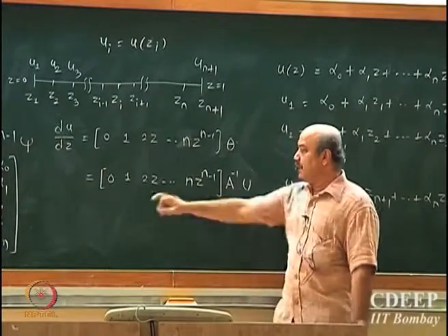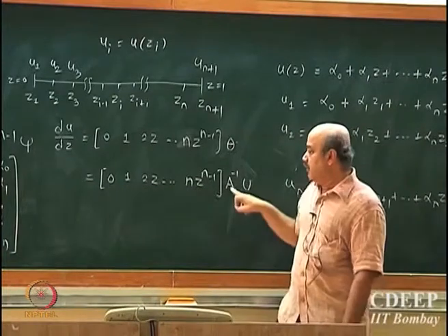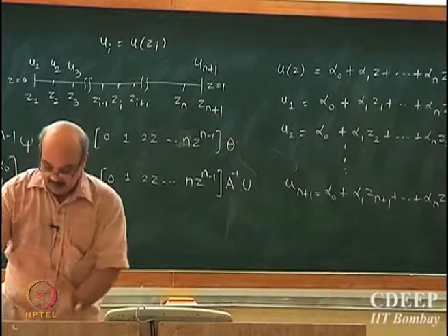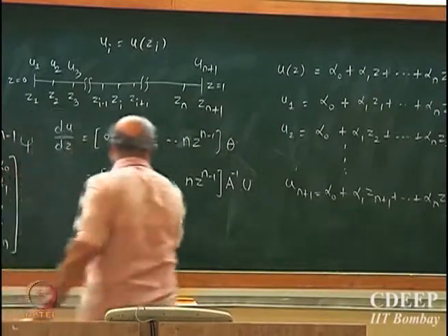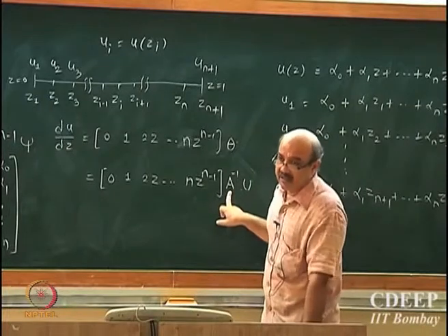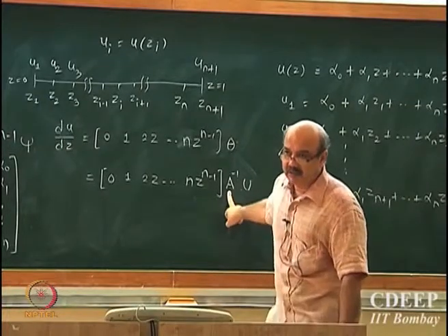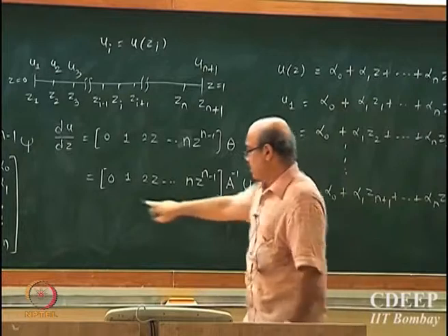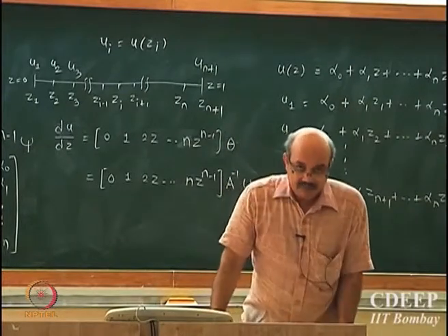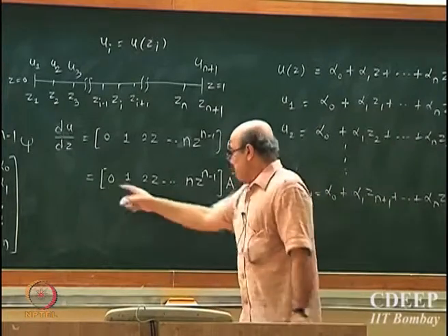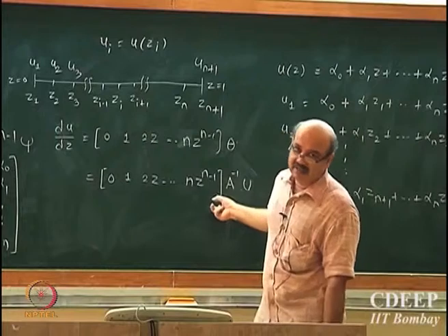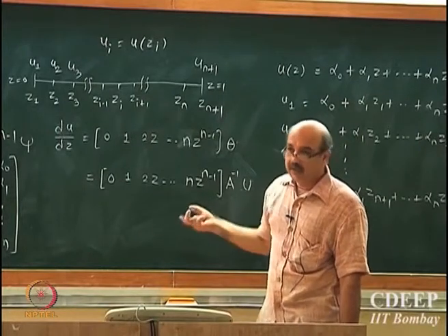Now this multiplication of this vector into this matrix: this is a row vector, this is an (n+1) cross (n+1) matrix, and this is a vector which is 1 cross n plus 1. So multiplication of the row vector into this matrix will give another row vector.